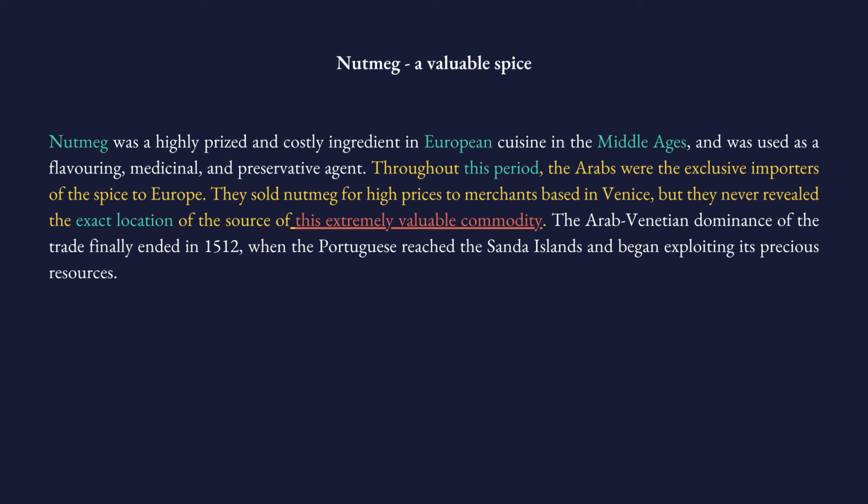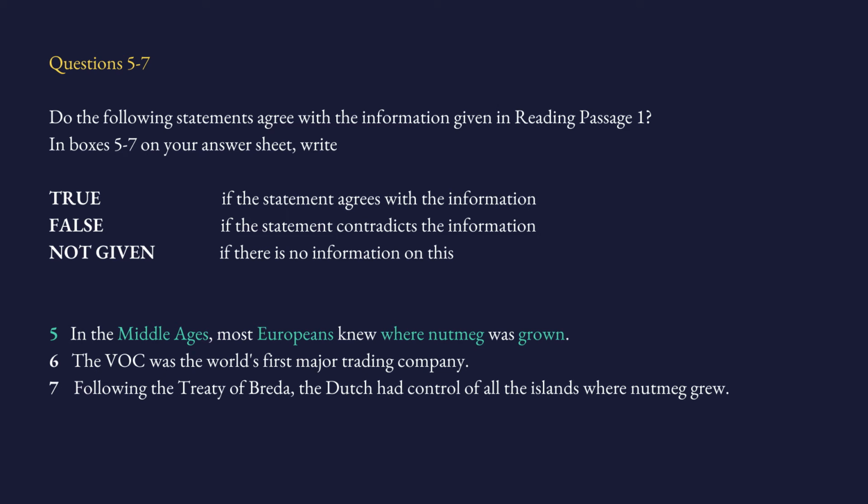They, it means Arabs, never revealed the exact location of the source of nutmeg. So, conclusion, they gave nutmegs to Europeans, but they never told them about the location. They kept it secret. Let's go back to the question. The question says, in the Middle Ages, most Europeans knew where nutmeg was grown. So clearly it's wrong because Arabs were not telling them.